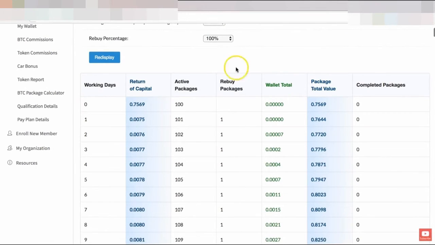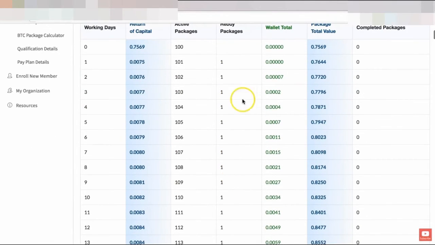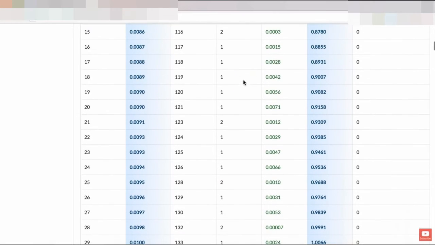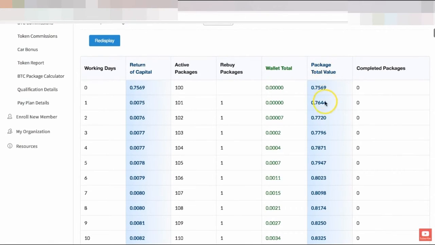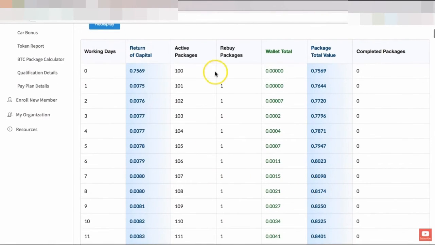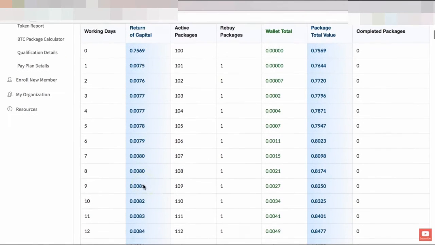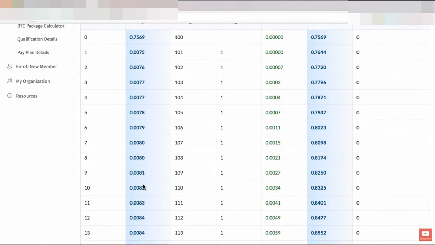So you can see here that we're rebuying packages every day, and then on certain days at certain points it's growing, and now we can buy 2, and then 1 and 1 and then 2, and then you see the package value growing because the amount of packages that we have is growing, and then your return on capital is getting larger and larger because of the amount of money in the platform that's working for you.